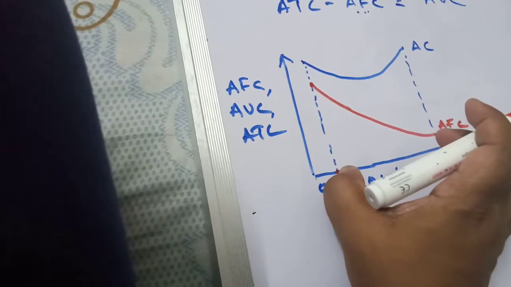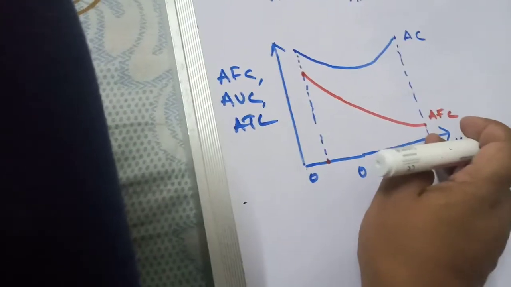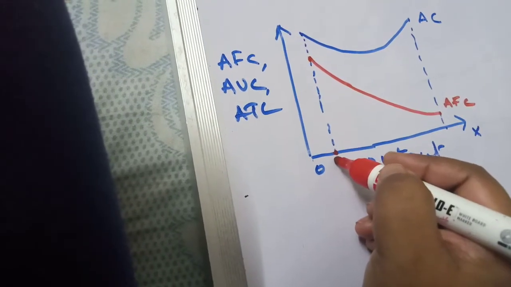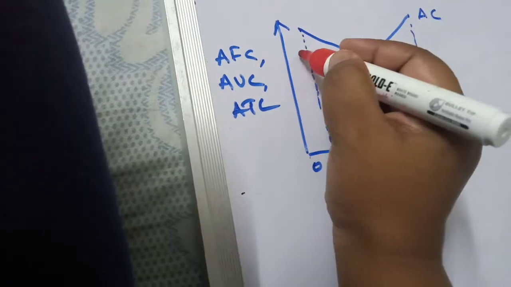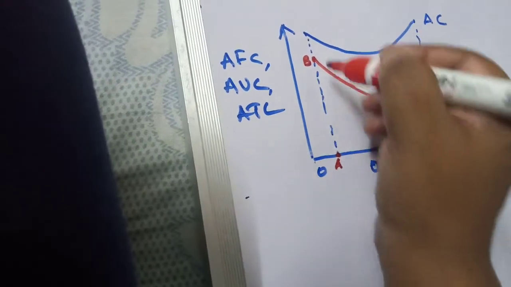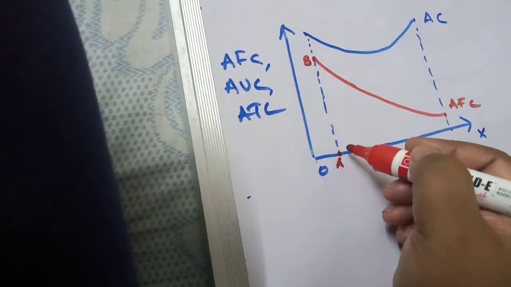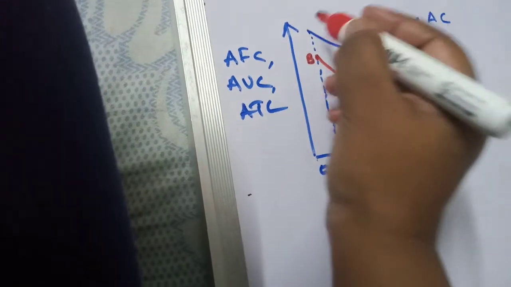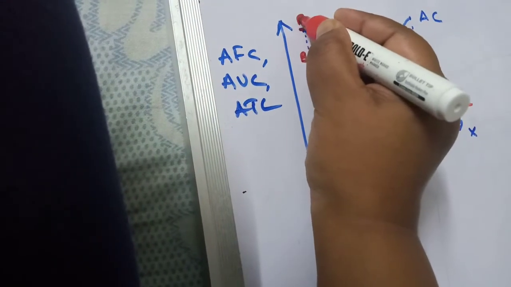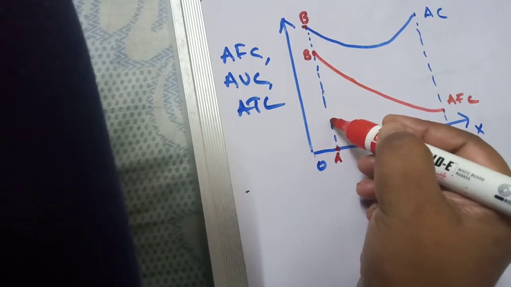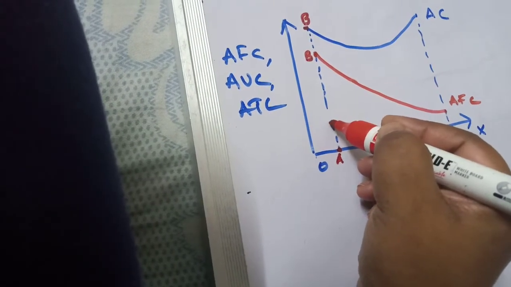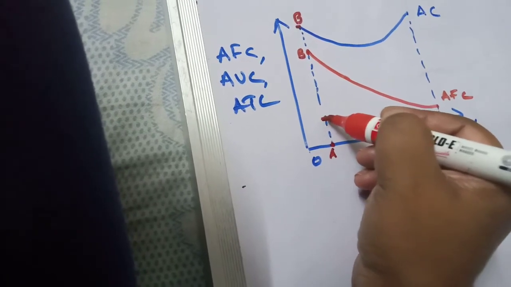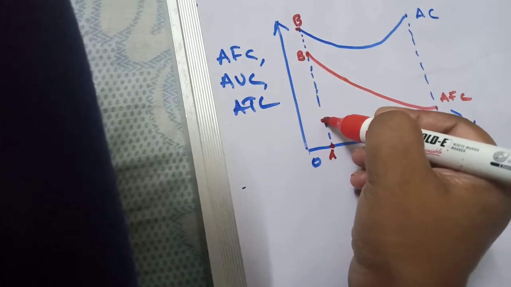So at least the initial and the last one should be correct. Just measure with a scale the distance from X. This is the value of AFC at the first output. So you're going to measure this distance BA. Let's suppose BA is here. This is the starting point of AVC.